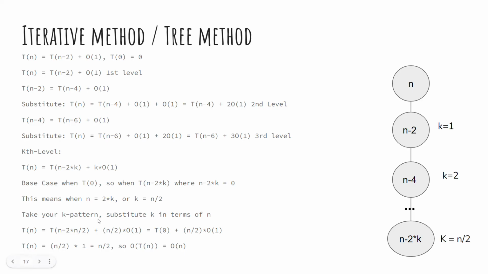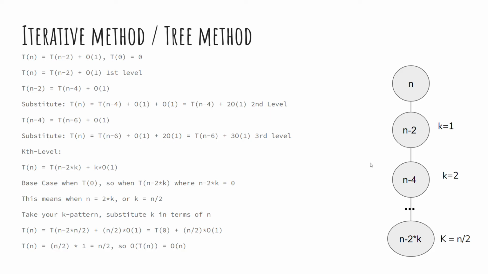If you substitute k in terms of n, you'll get T of n is equal to T of n minus 2 times n over 2 plus n over 2 times big O of 1. This ends up being T of 0, which is 0 from the base case, and big O of n. So finally our answer comes out to be T of n belongs to big O of n.